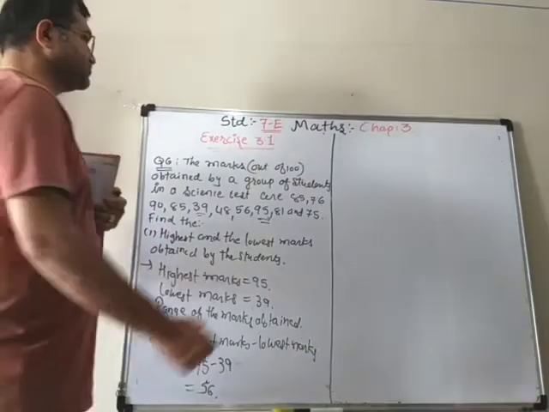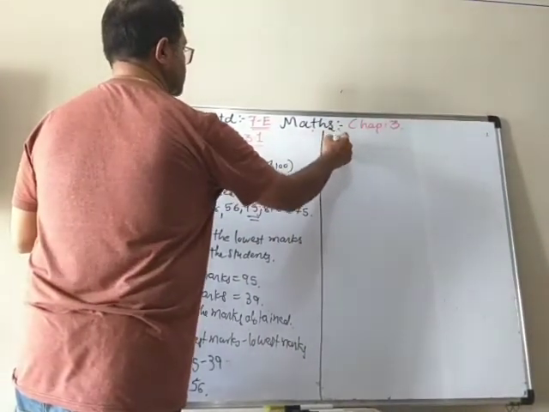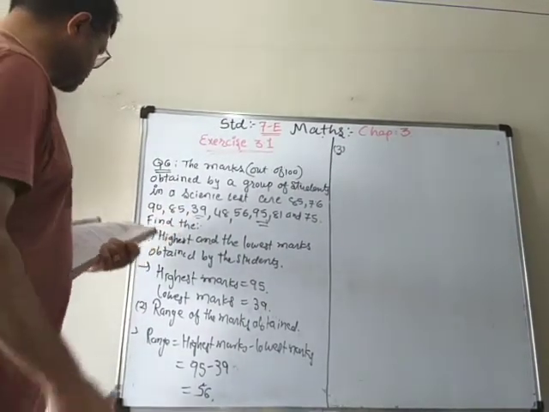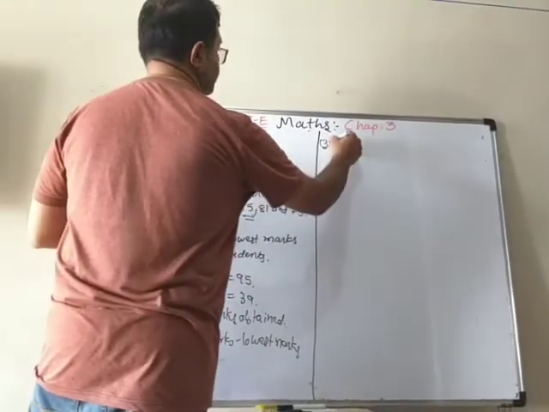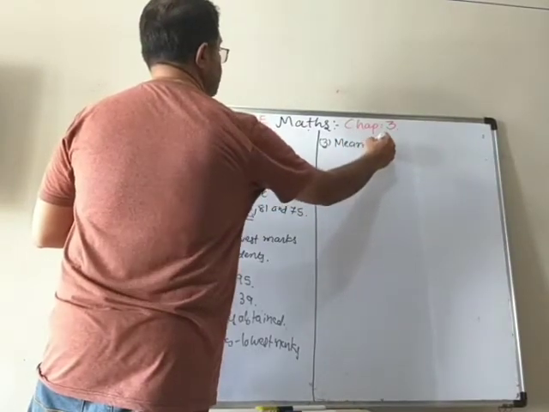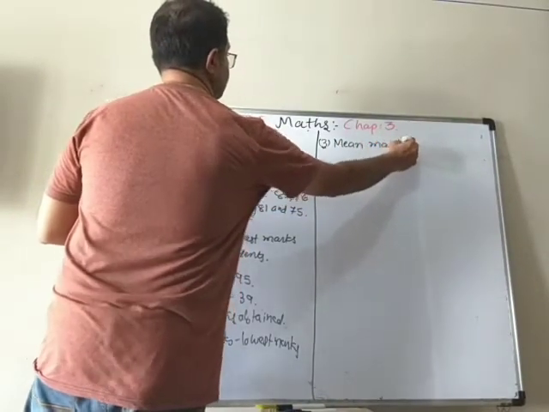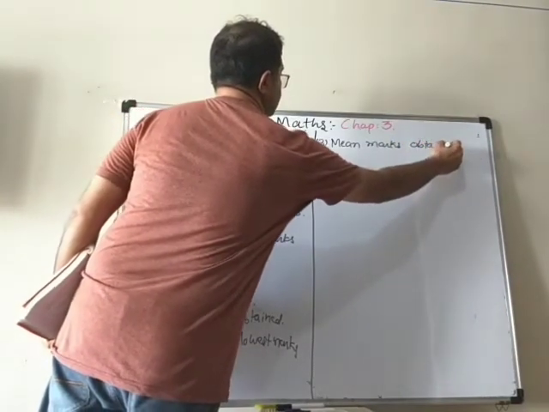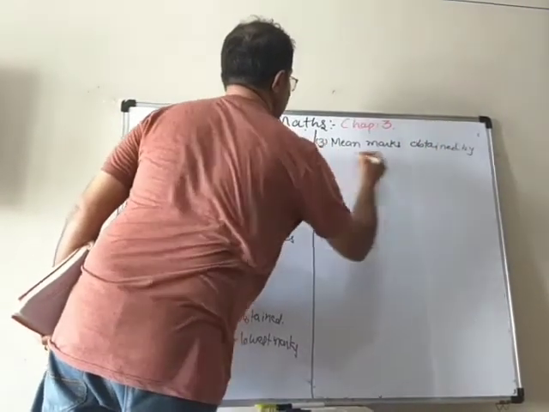Then third question. It says the mean marks obtained by the group.